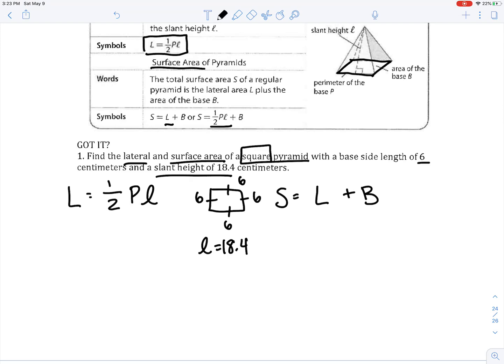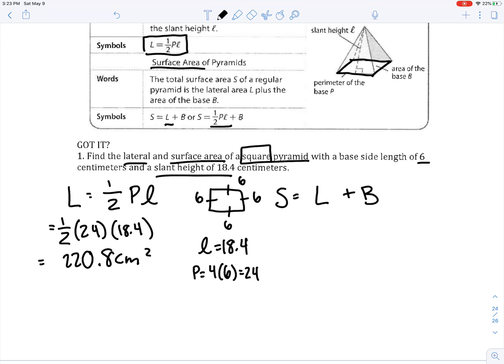So if each side is 6, the perimeter would be 4 times 6, or 6 plus 6 plus 6 plus 6. Now let's plug into our formula: 1/2 the perimeter of the base times the slant height. Rounding to the nearest tenth, that gives me a lateral area of 220.8 centimeters squared.